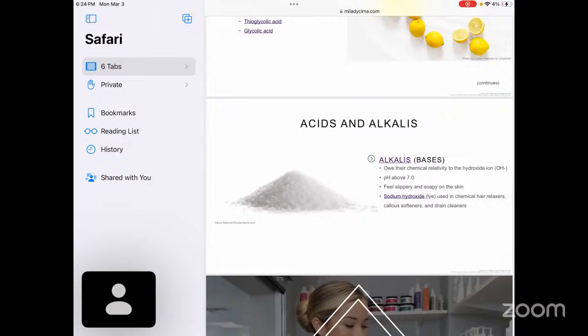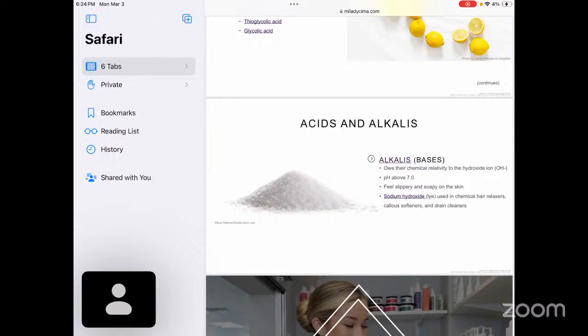So there's glycolic acid, and then you have acids and alkalis. Here's where it says alkalis. They owe their chemical reactivity to the hydroxide ion. When you think of hydroxide, I think of relaxers. I think of sodium hydroxide. I'm thinking about detergent. I'm thinking about hair color developer. I'm thinking about lye.